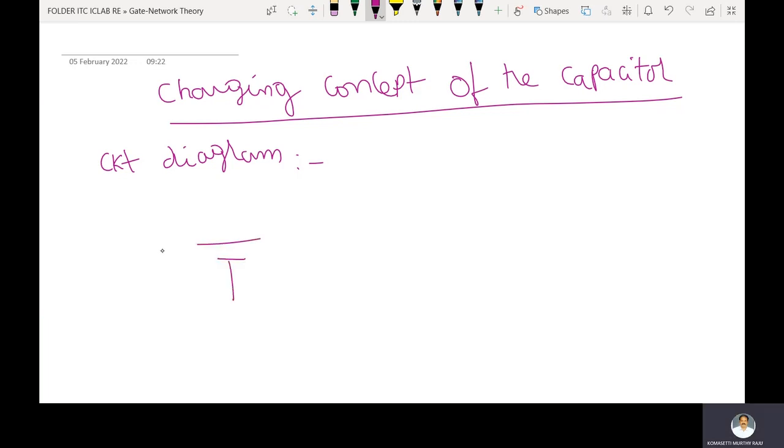This one is voltage source V. This one is a switch. Resistor R and capacitor C.